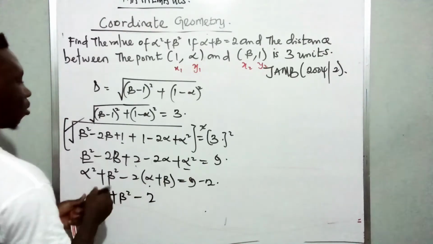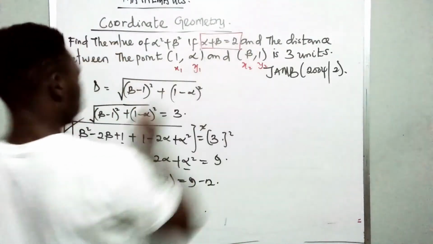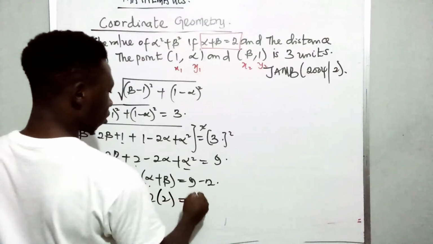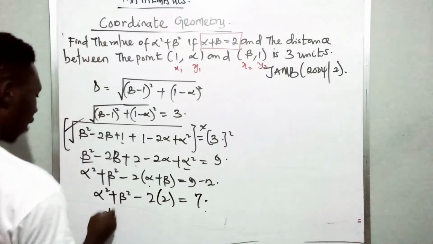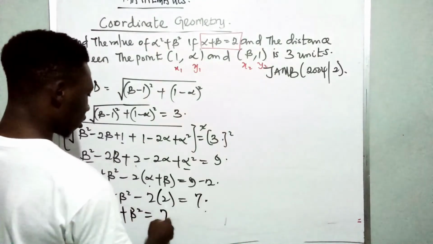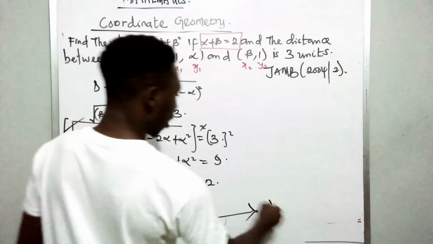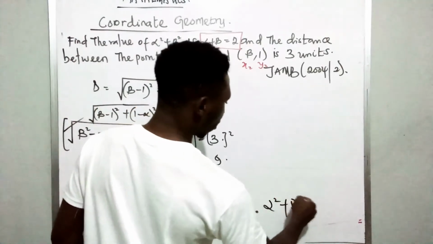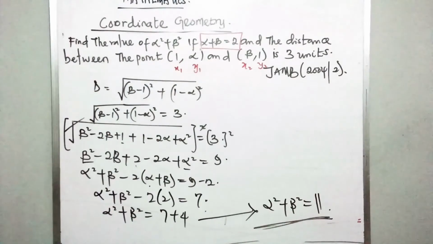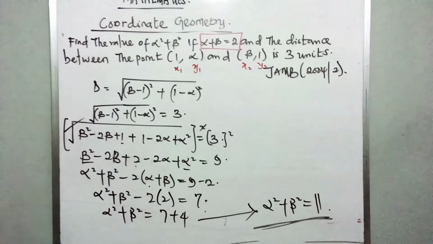Remember from the question said that alpha plus beta is equal to 2. So replace this with what? 2 is equal to what? 7. So alpha square plus beta square is equal to what? 7 plus what? 4. So this becomes that what? Alpha square plus beta square is equal to 11. So 11 there is our final answer.